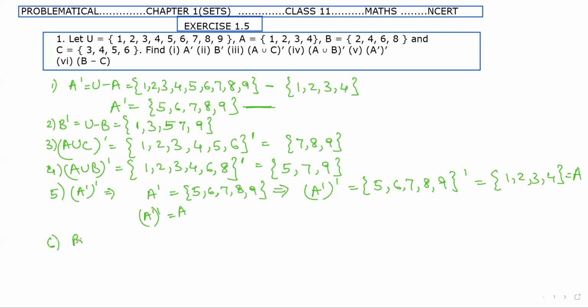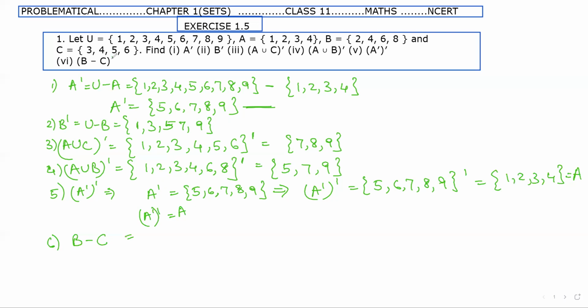Sixth, B minus C whole complement. So you're removing elements which are common between B and C, and then you also have to take its complement.